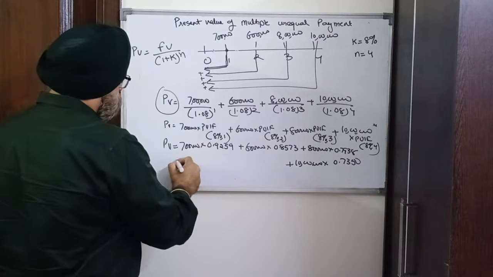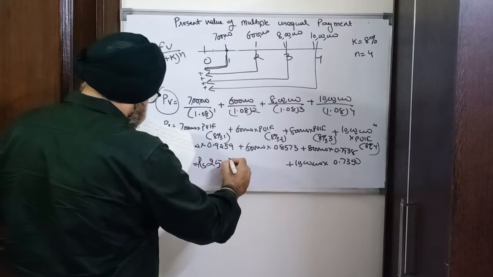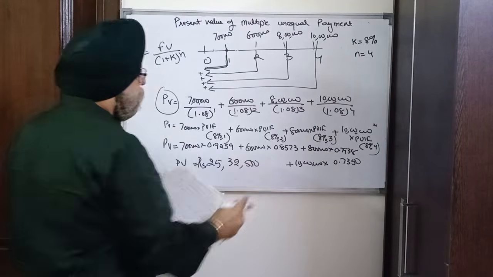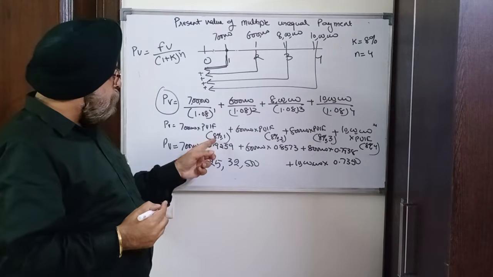The whole thing comes to 25 lakh rupees, 25 lakh 32,550. So we are using table number 3 and we have taken the value.